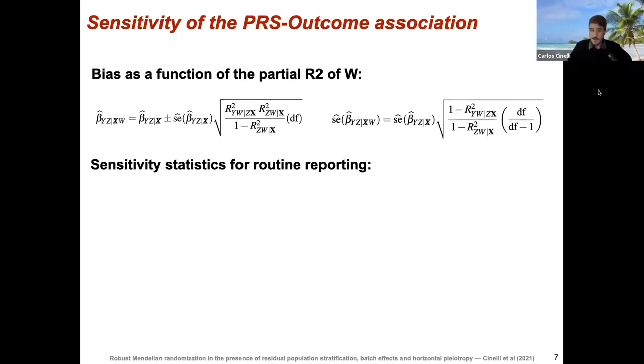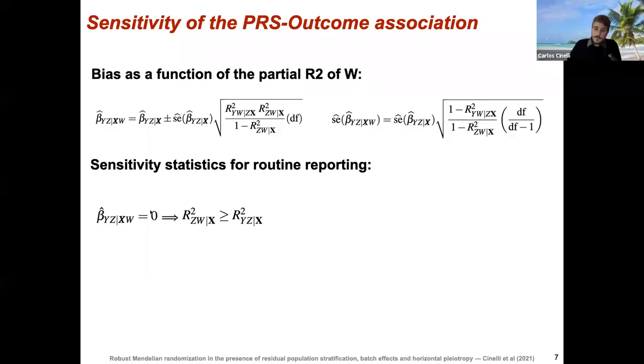Now, once we have that, we can do a lot, and I'm going to show you what we can do. So we can have sensitivity contour plots and get a lot out of the simple equations. But we also are going to want to develop some sensitivity statistics for routine reporting, which I'm going to show you next. The idea here is, instead of positing the value of the sensitivity parameters and seeing what the bias would be, I'm going to ask the inverse question: what is the minimal strength of these sensitivity parameters that would be problematic, that would bring my estimate to some level that I'm interested in?